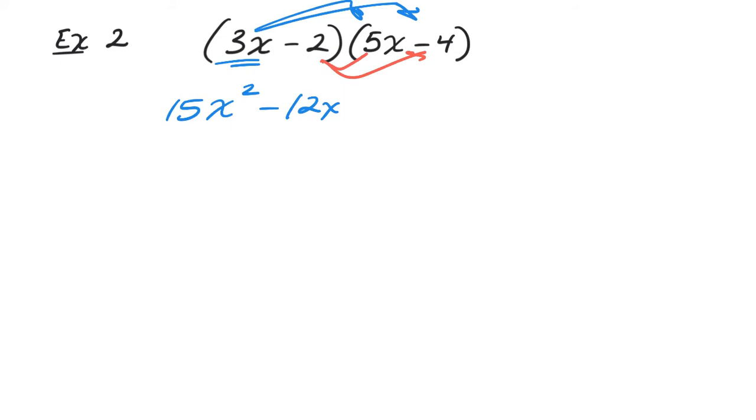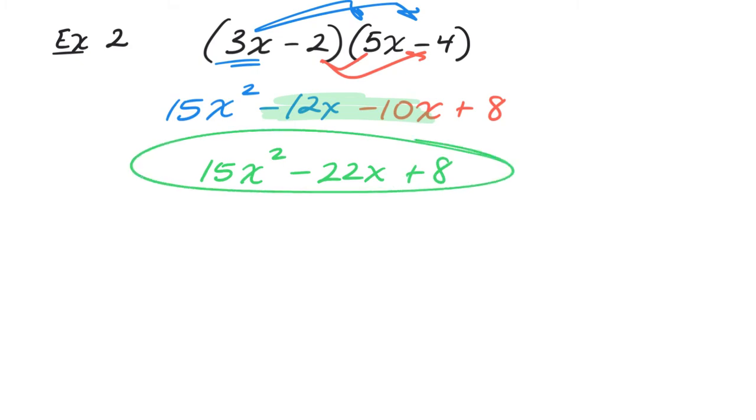Negative 2 times 5 is negative 10x, and I distribute the negative 2 to the negative 4, which makes a positive 8x. What you will begin to notice is that sometimes we get these things called like terms that get created, and there's my two like terms highlighted in green. So my final answer is going to be 15x squared, and negative 12 and negative 10 makes negative 22x, and then I get left with plus 8, and there's my final answer.